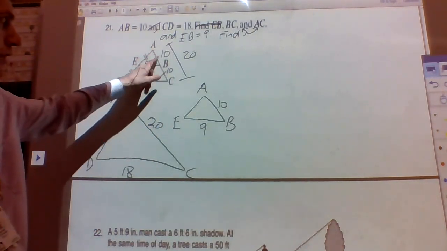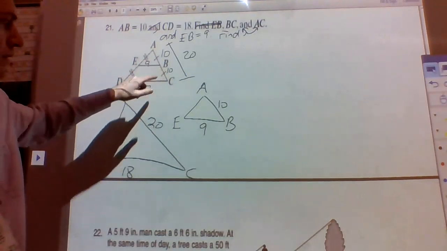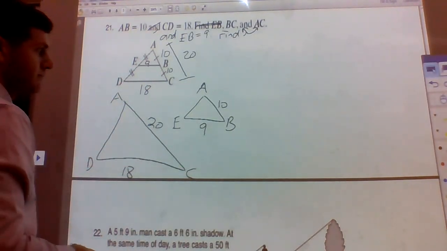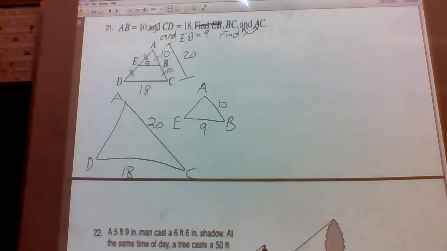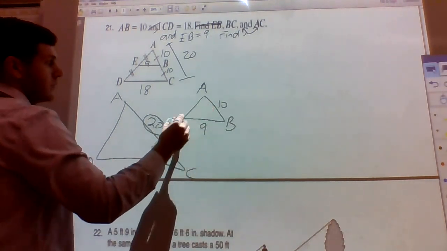If AB is congruent to BC, they're both 10. So the whole thing is 20. So it doesn't really help us out.